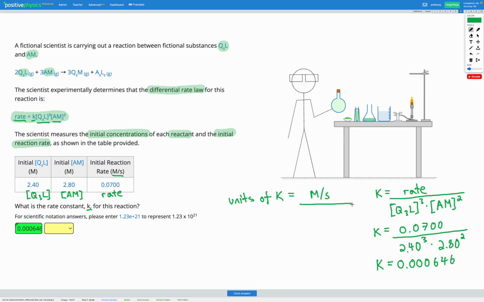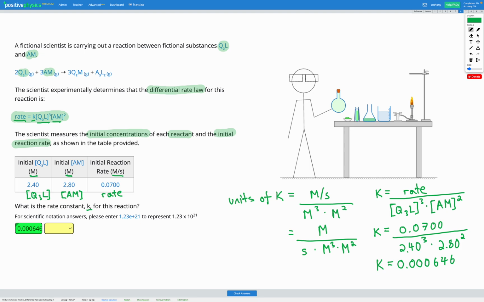Then we're dividing that by the concentration of Q3L, which has units of molar, and that's cubed, multiplied by the concentration of AM, also has units of molar, and that's squared. So if we write this out a bit more clearly, we've got molar divided by seconds, and on the bottom of our fraction, we also have molar cubed and molar squared.